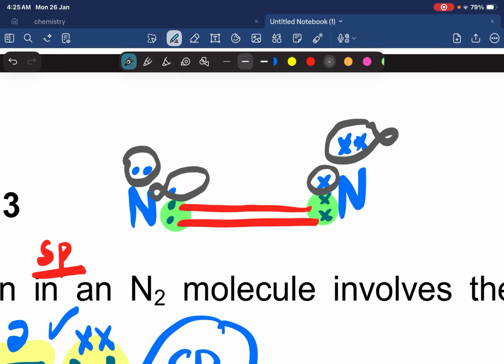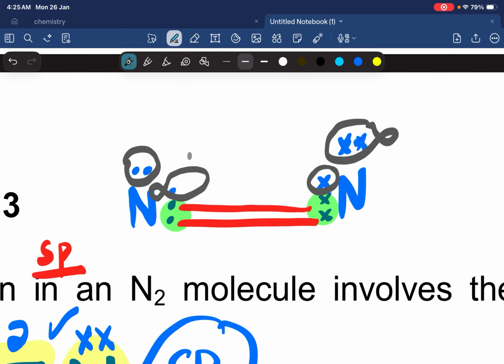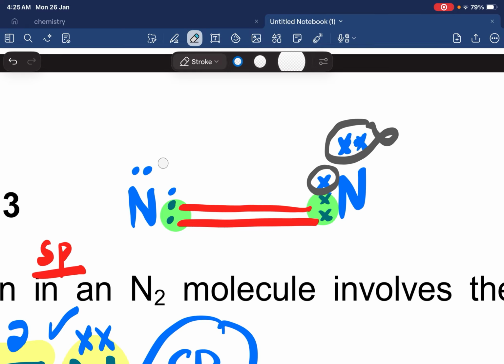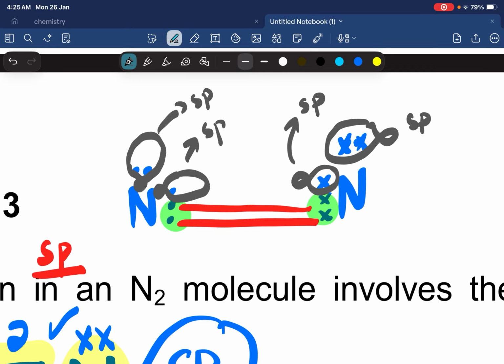Now what's going to happen is that they intermix with each other, hybridization occurs, and you form two hybridized sp orbitals like this, one sp orbital and another sp orbital. Do you get it? That's how hybridization works.